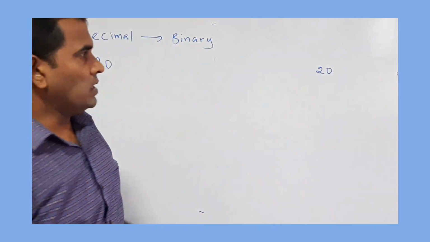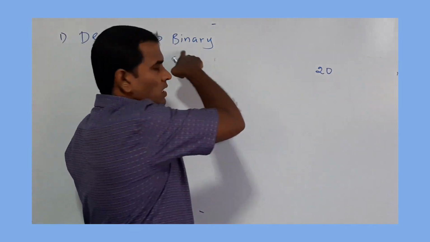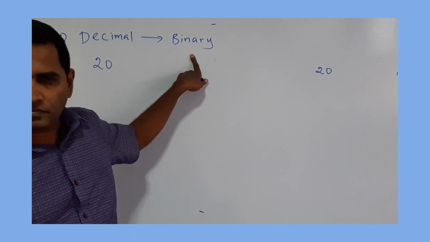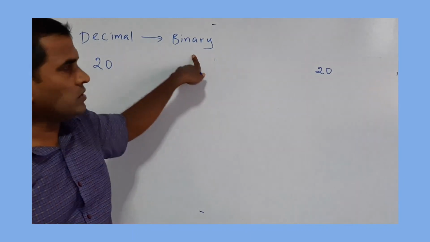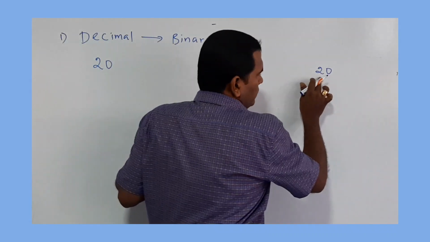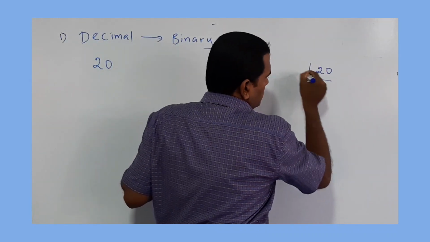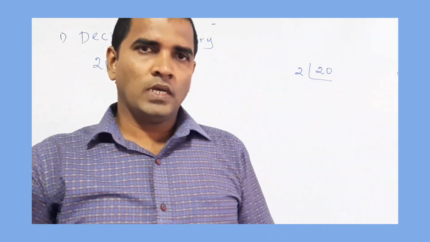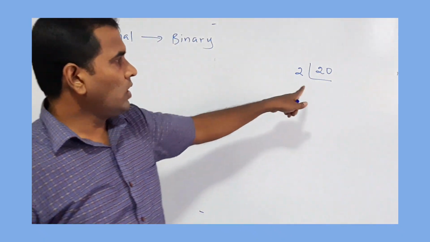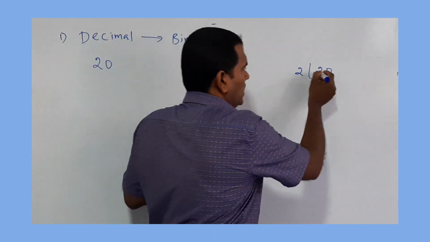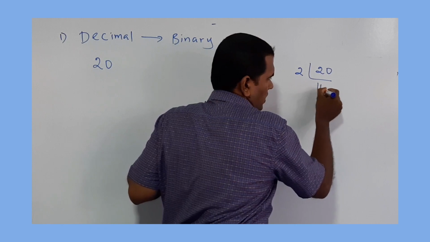It's very simple. The base of the binary number system, as we already studied in the last class, is 2. So divide this 20 by 2. Remember one thing: as much as possible, you have to divide this number by 2. So divide it first: 10 times.